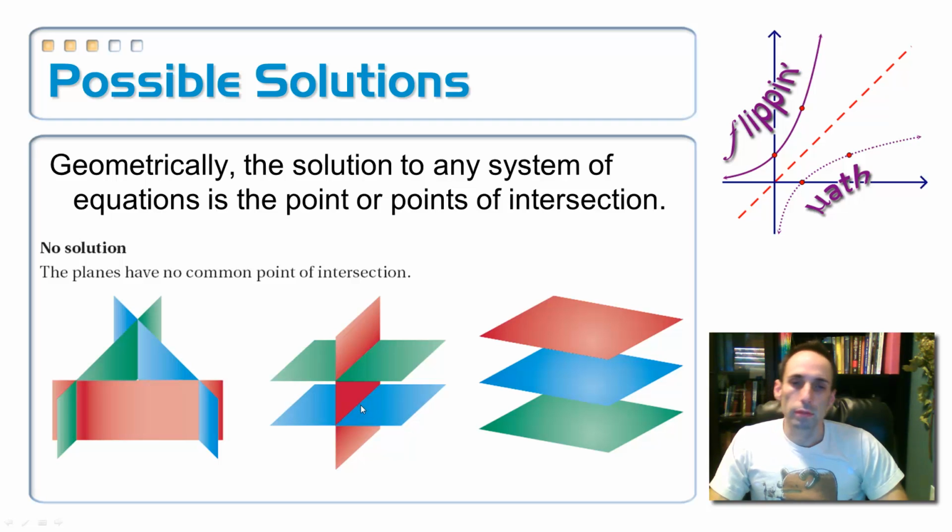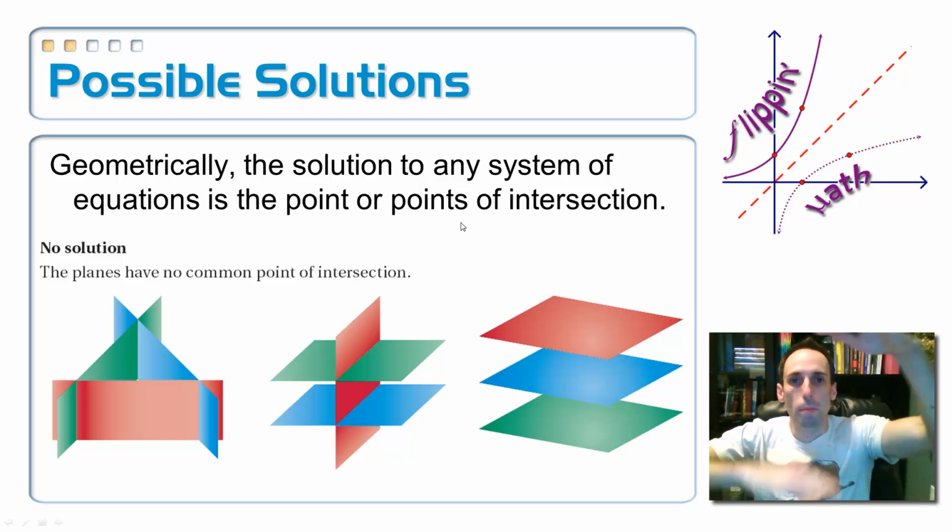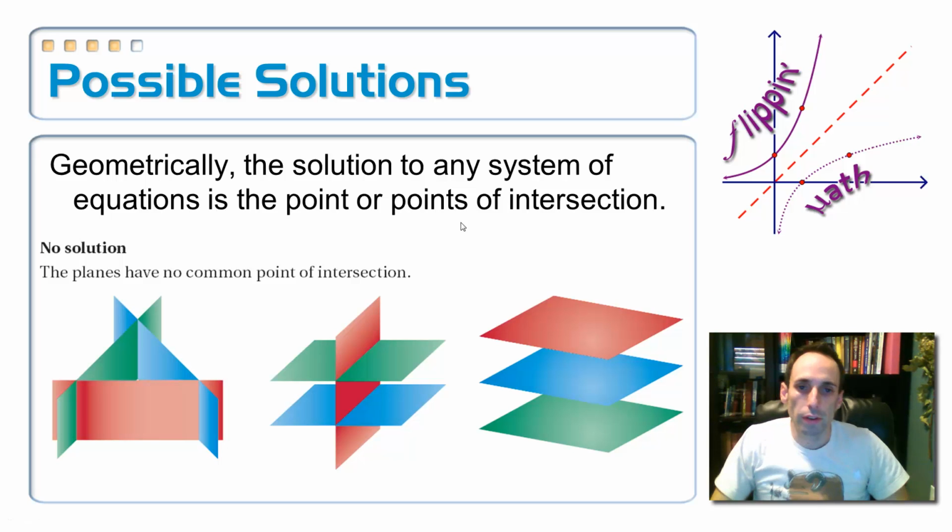Blue plane and red also share a line, but the blue and the green, they don't share anything. There's no solution there because they all have to have something in common. And another case, of course, is if these are all parallel planes, then they're never going to intersect either. Okay, so those are the things that we should expect from our solution whenever we're solving these systems.